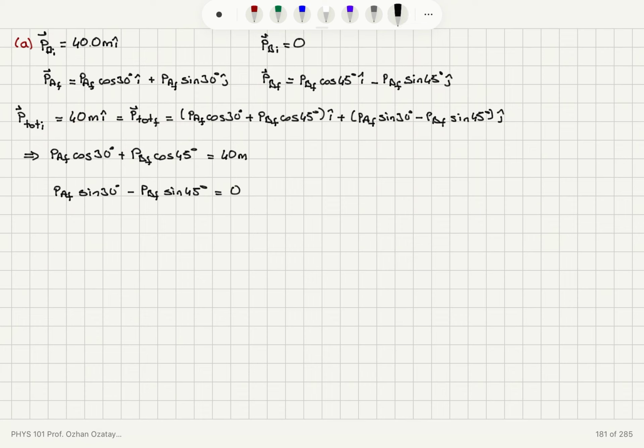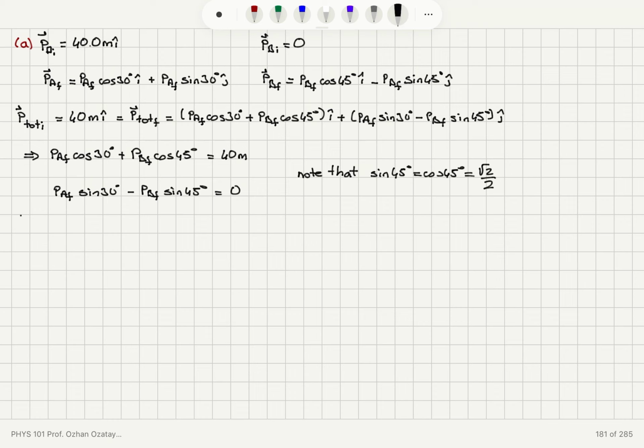So I note that sine 45 and cosine 45 are the same thing. Sine 45 and cosine 45 are equal to square root 2 over 2.